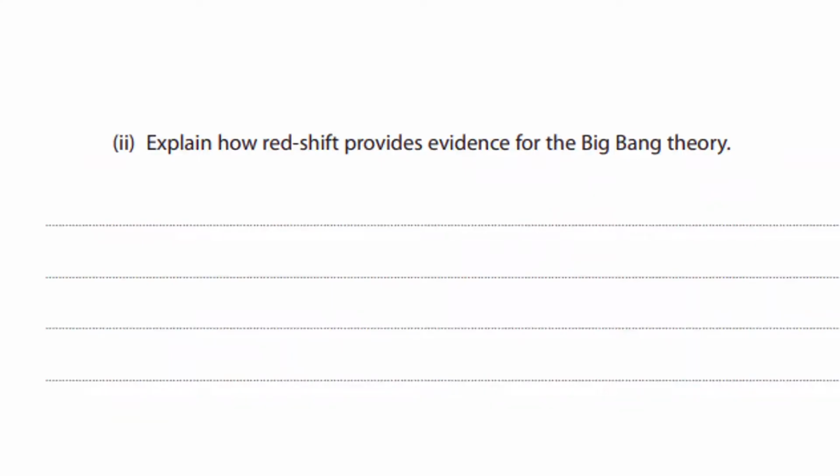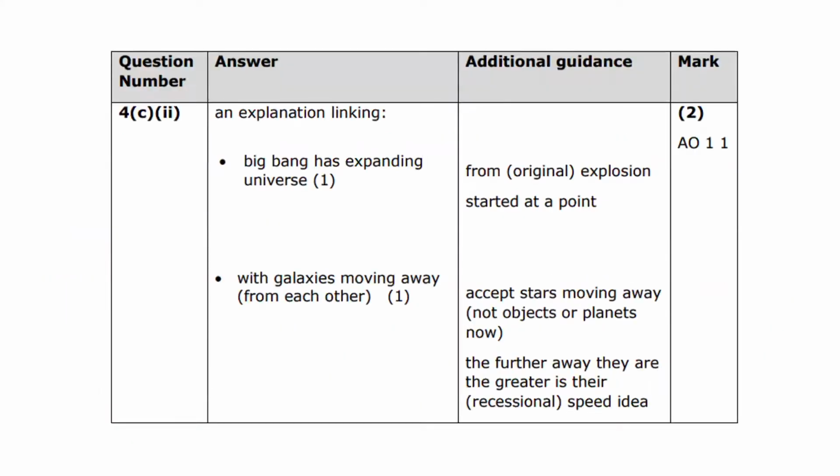Now, explain how redshift provides evidence for the Big Bang Theory. This is part of the same question, same paper, so it's following on. The redshift we just described provides evidence for the Big Bang Theory.